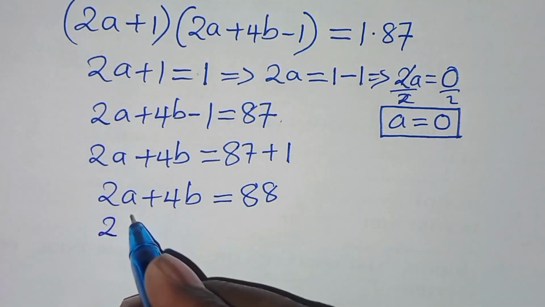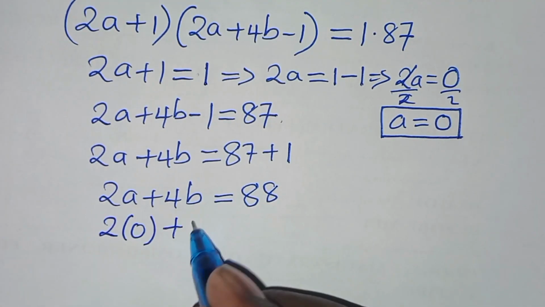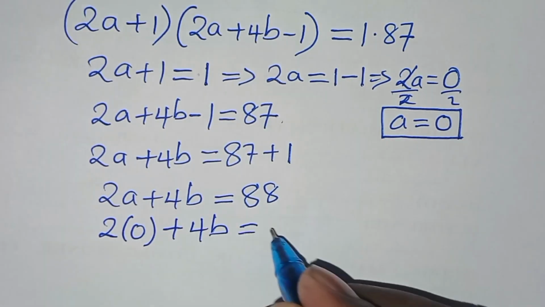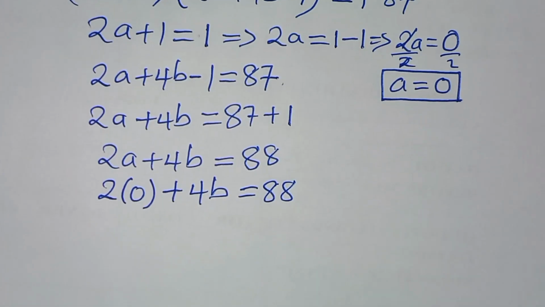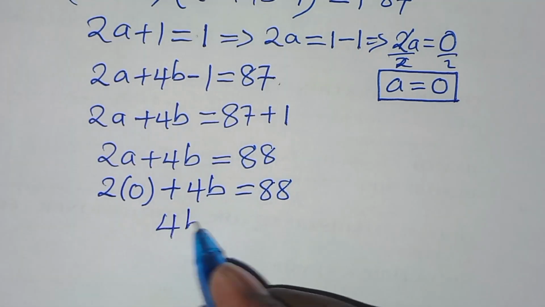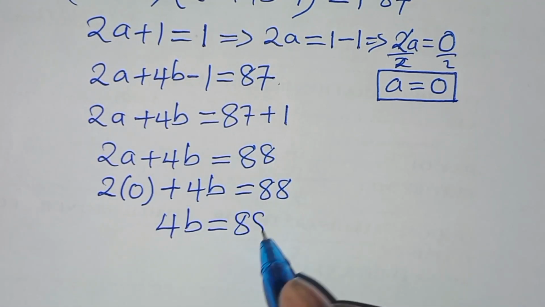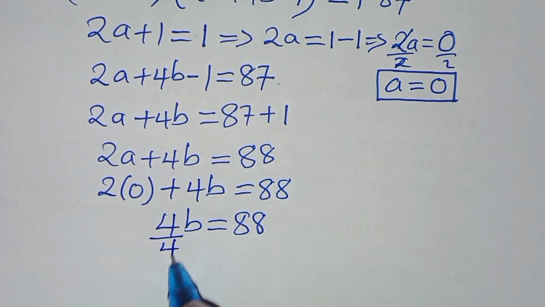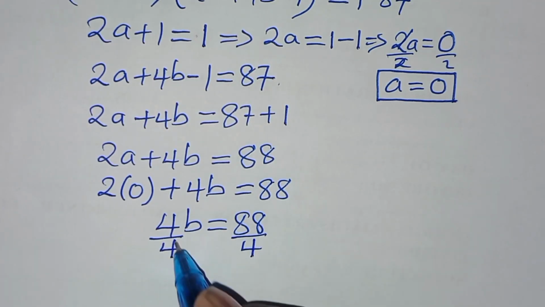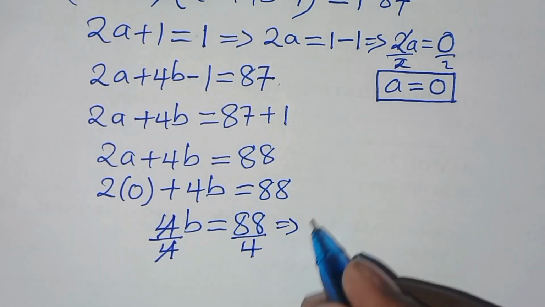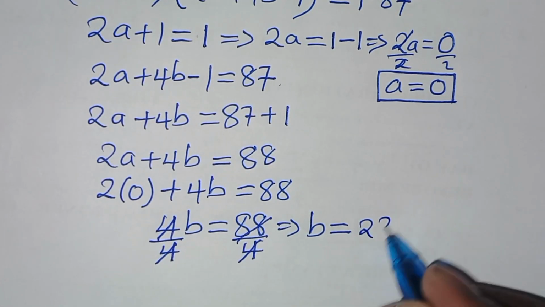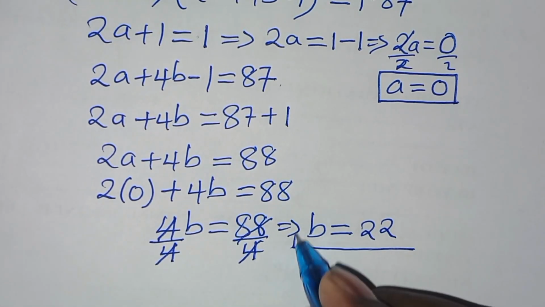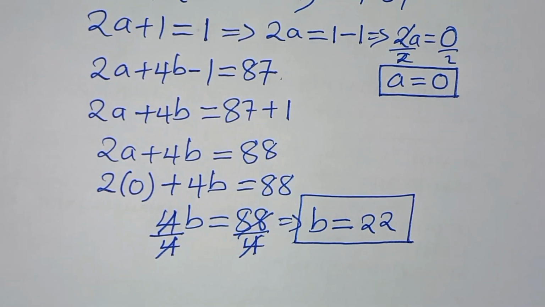So this is 2 times 0 plus 4b is equal to 88. So this implies that here we have 4b is equal to 88. So let's divide here by 4. So this implies that the value of b is equal to 22.